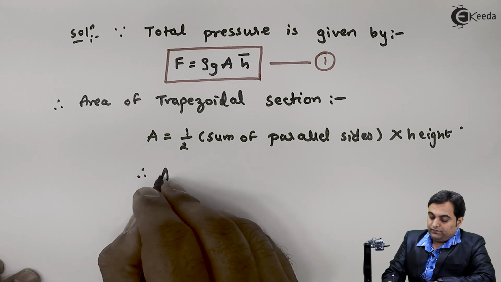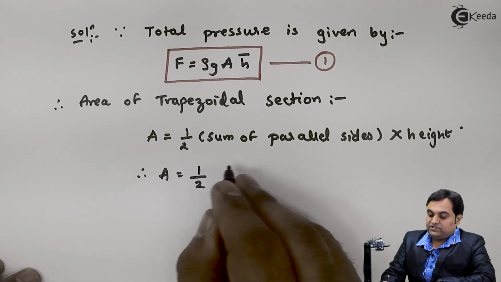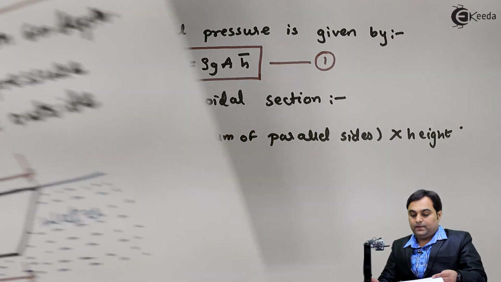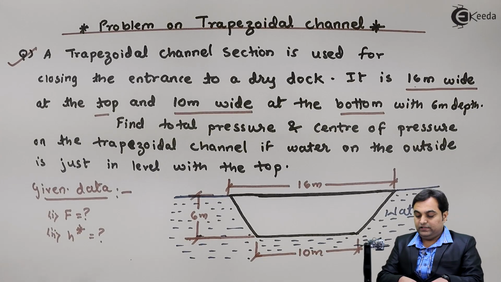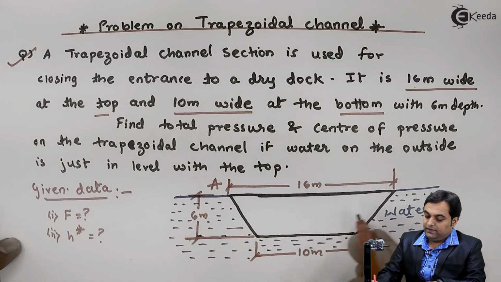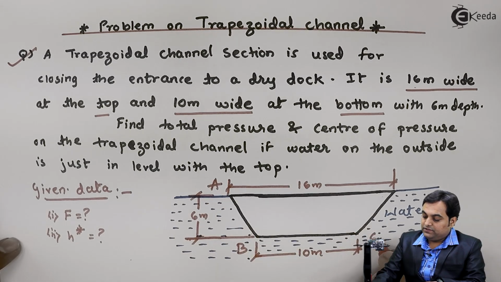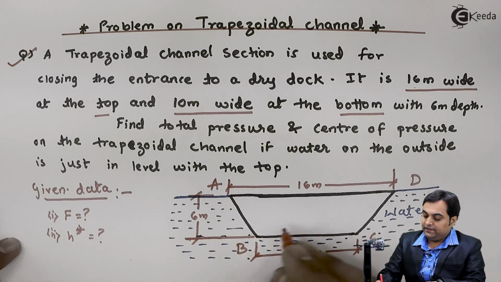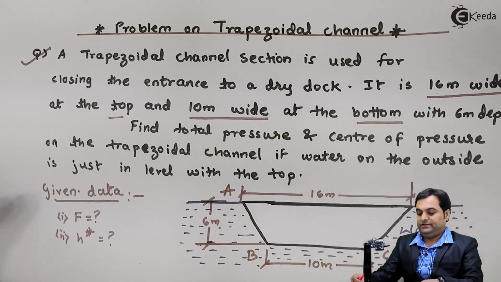In this problem, I'll name this trapezium A, B, C, D. So AD and BC are the parallel sides.